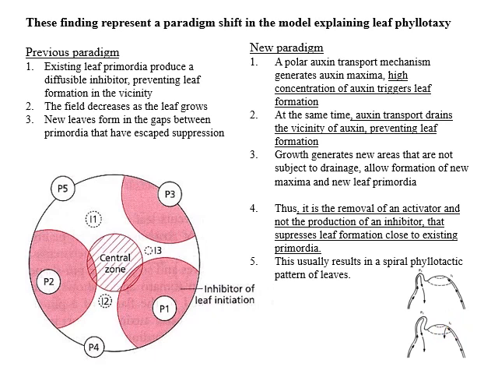So if you look at the previous paradigm here, you have a field of inhibitor produced by existing leaf primordia. What happens instead is that leaf primordia, if you look at this most recently formed leaf primordia, drains this region here by epidermal flow, or flow of auxin in the epidermis, towards the tip of that leaf primordia, and then it's drained away internally.